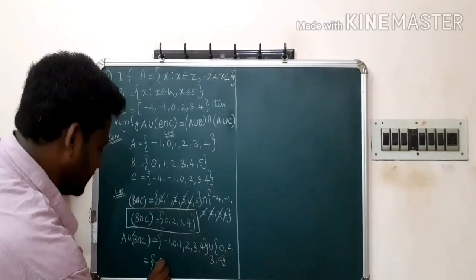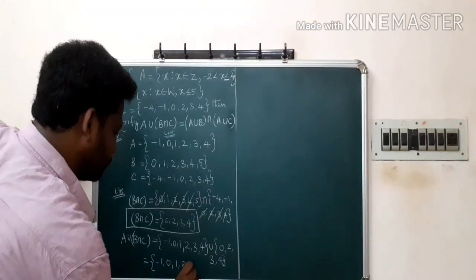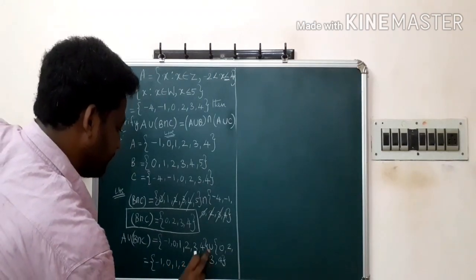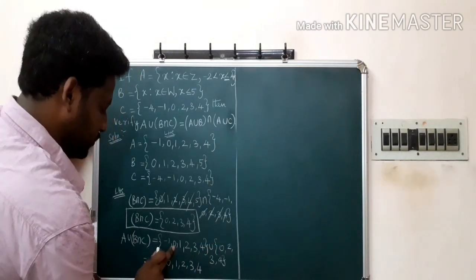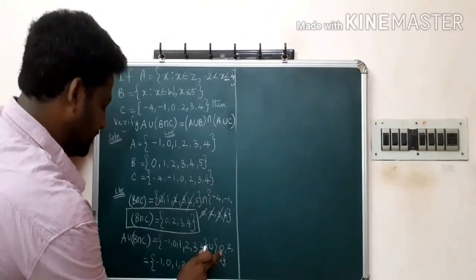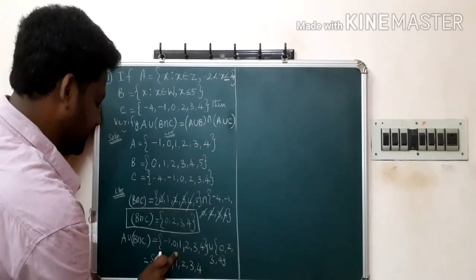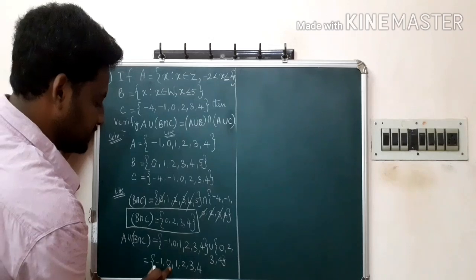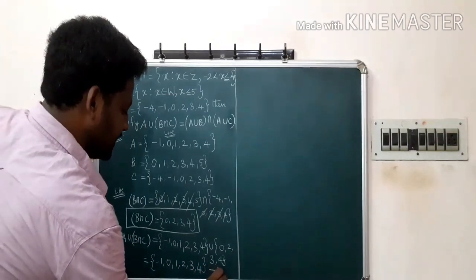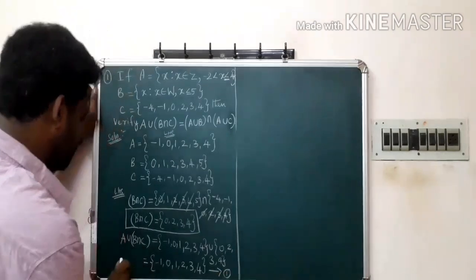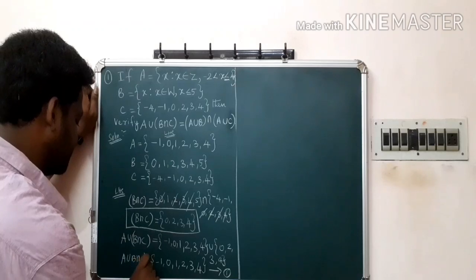So minus 1, 0, 1, 2, 3 and 4. 0 is in set A and also in B intersection C, and 1 is in set A only. So minus 1, 0, 1, 2, 3, 4. This is taken as equation 1, that is A union B intersection C.